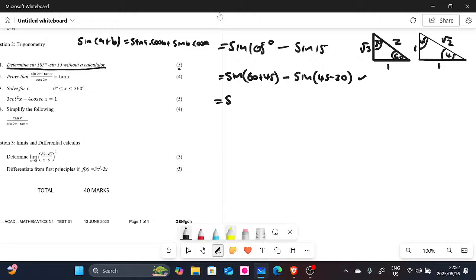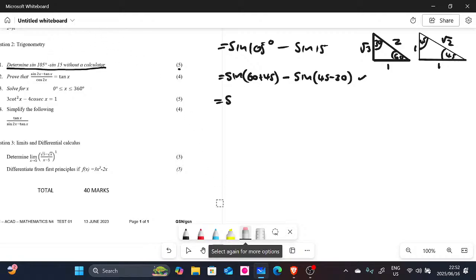That formula is there on the formula sheet, guys. Don't stress too much about it. If you don't have a formula sheet, make sure that you have it with you, or you can go online and download it.